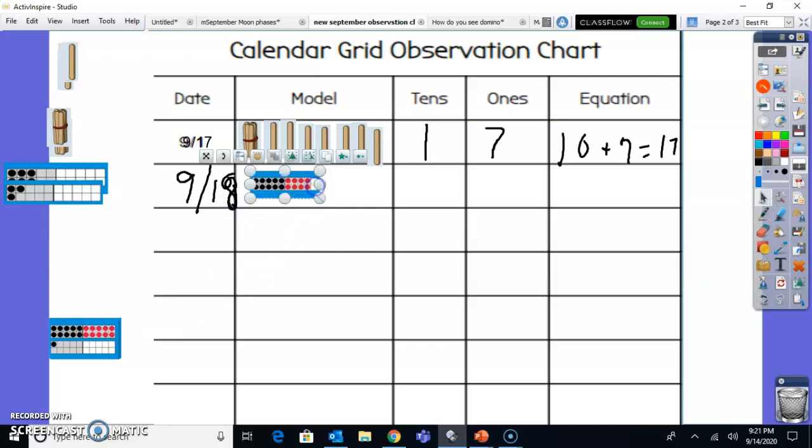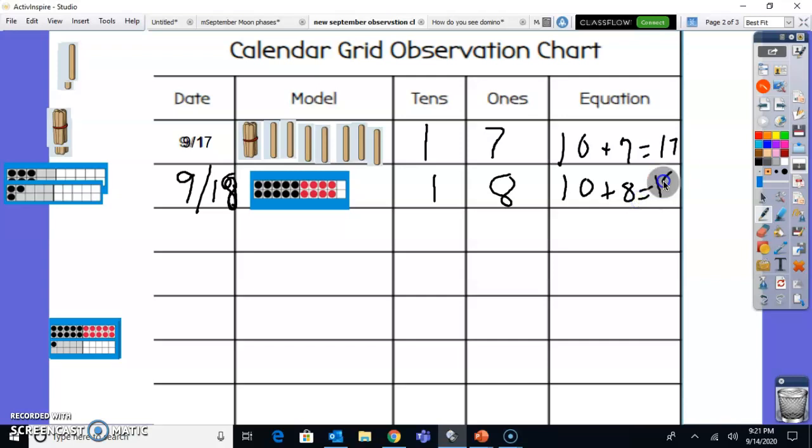And our dots are 10 and some more. How many more? Let's see, I can count by twos. 2, 4, 6, 8. So we have 1 10 and 8 ones. So our equation is 10 plus 8 equals 18.